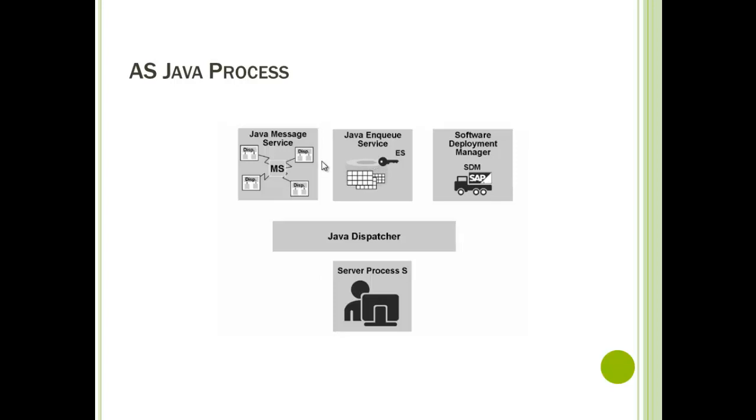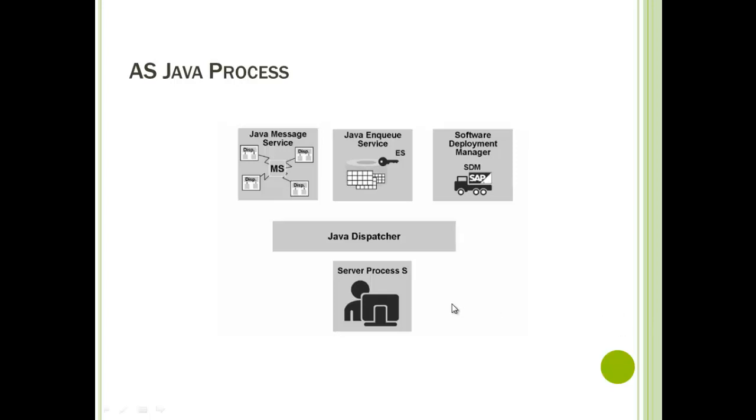NQ services is for the locking mechanism, and SDM is for installation. The main difference between ABAP and Java: the Java server process is a multi-threaded process, so it can handle a large number of requests in one specific process. The other way around, in ABAP you need to have one work process for each execution of a specific program at a specific time. That's the main difference.